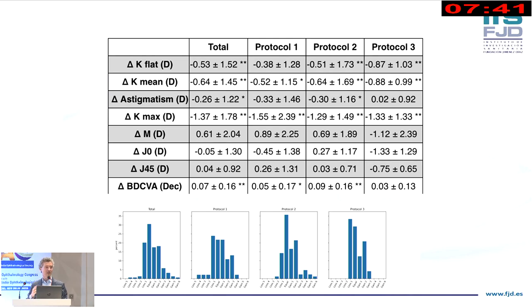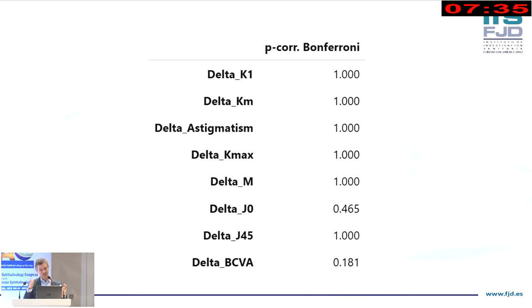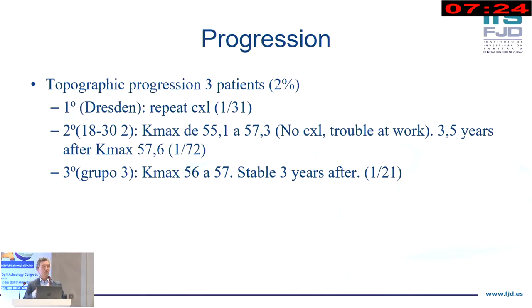That's from 123 eyes, so not bad. There was no difference between groups when talking about applanation, astigmatism, or changes in visual acuity. And there were 3 progressions in the 123 eyes.